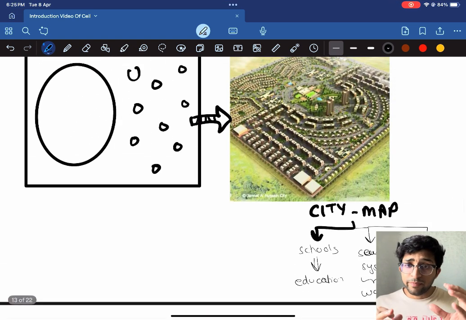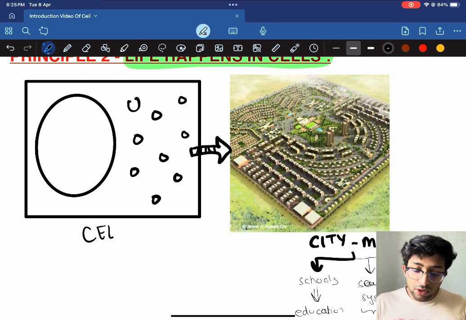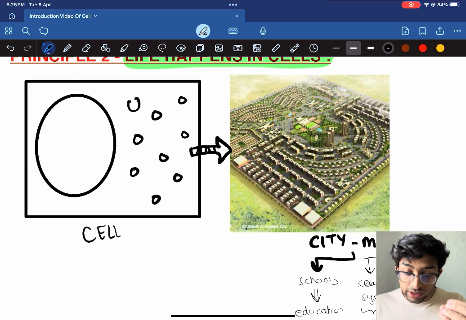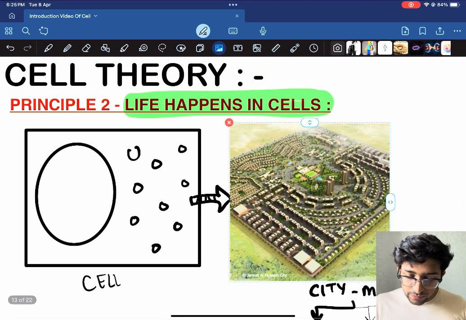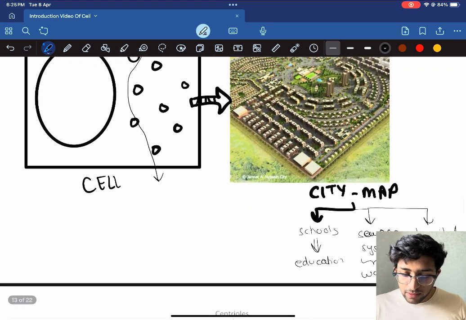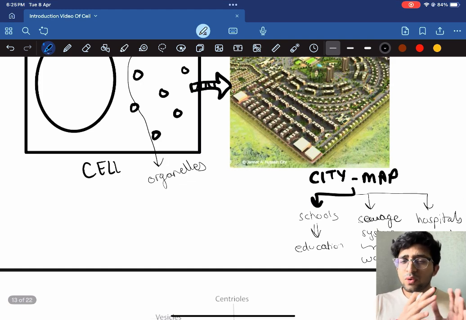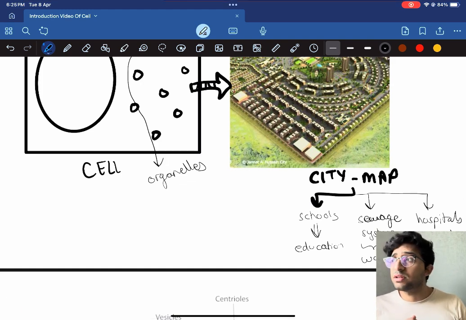In the same way, in our cell, these small dots are called organelles, and these organelles have different functions. They make proteins, and these proteins are responsible for specific functions, right?